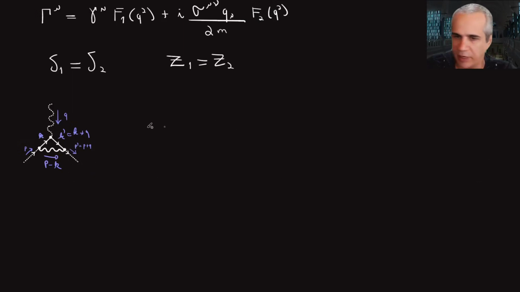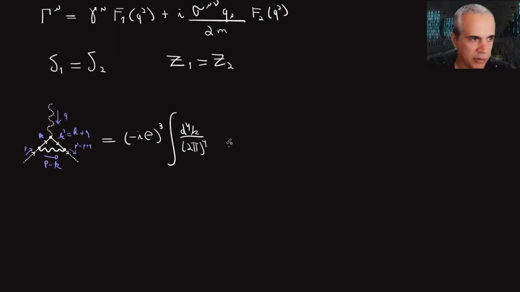And now I can write the Feynman rules for this loop. This is just minus i e cubed, integral in the loop momentum d4k over (2 pi) to the fourth, and then the loop itself.